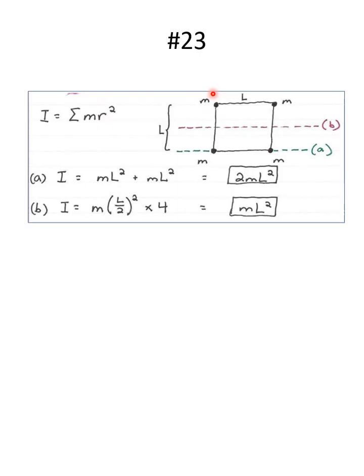So we have m times L over 2 squared. And then you see that every mass contributes the same amount. They're all a distance of L over 2, and so it's going to be m times L over 2 squared times 4. And when you work that out, you should get mL squared.